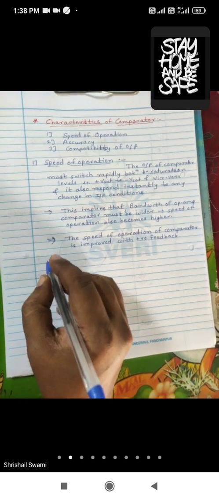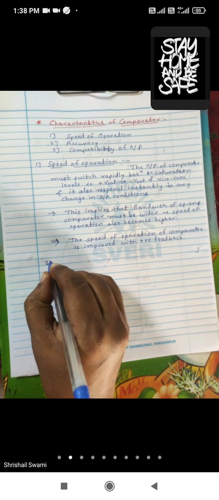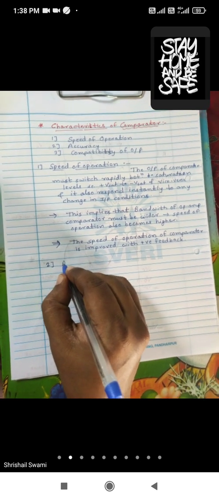Now we can move towards the next characteristic of comparator, that is the accuracy.